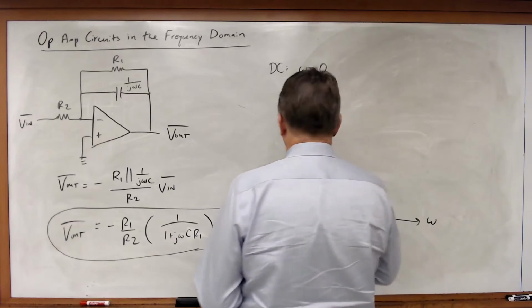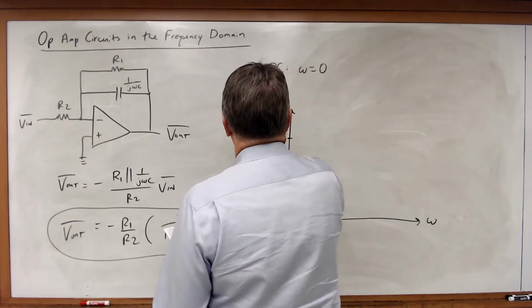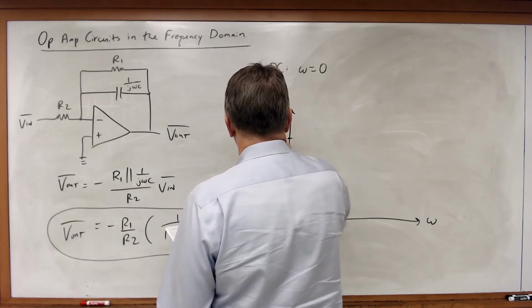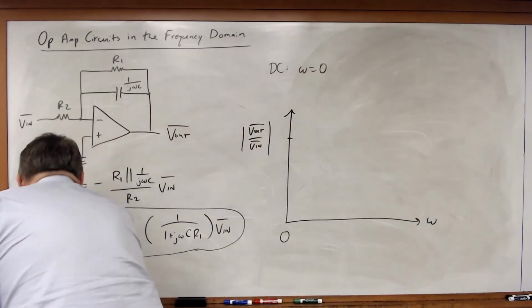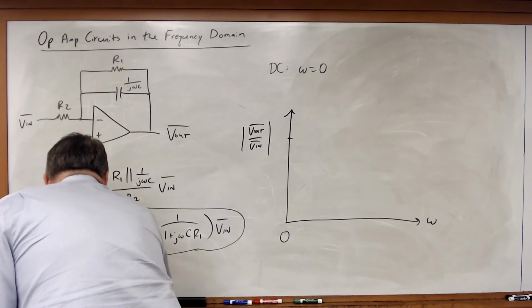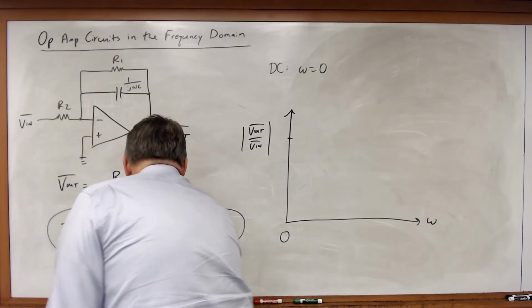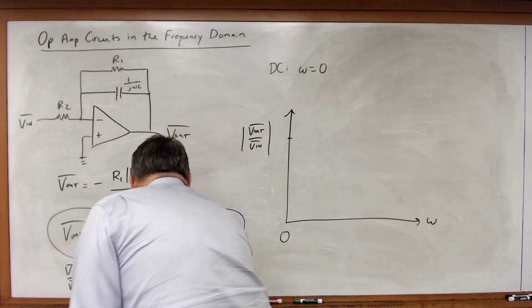The magnitude of V out over Vn is just this ratio: minus R1 over R2 times 1 over 1 plus j omega times C R1.